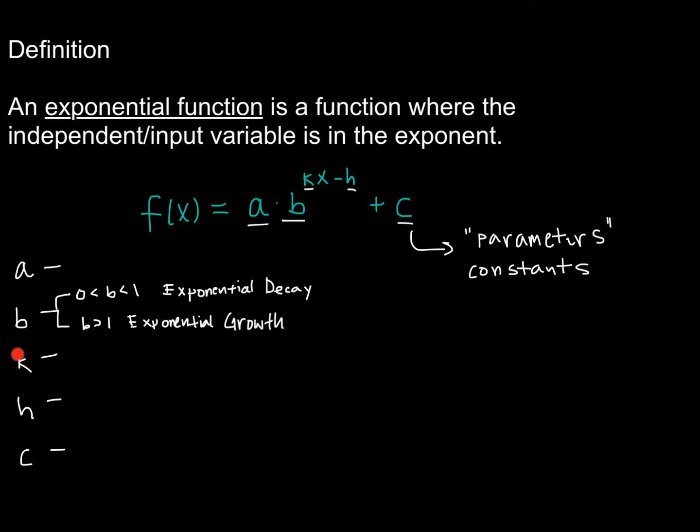Now we're going to try and find out what each of these other parameters does to our function. So to do that, we're going to graph a bunch of different functions and see if we can tease out what effect changing a or k or h or c has on the function. So I'm going to go ahead and move to the next page, and I'm going to give you these test cases to try out.